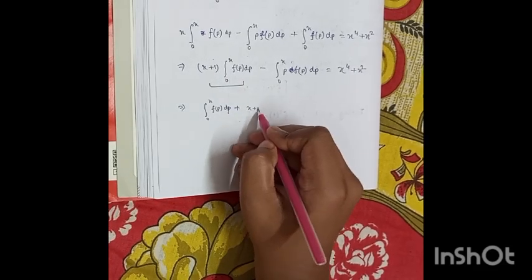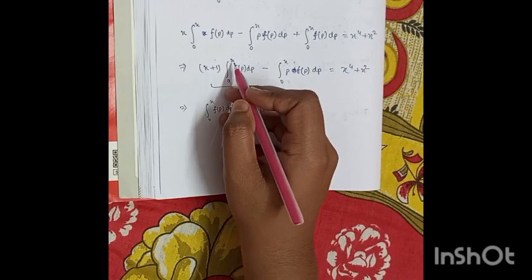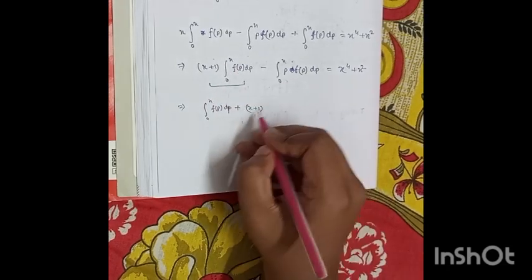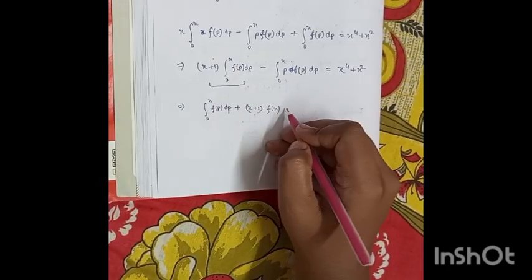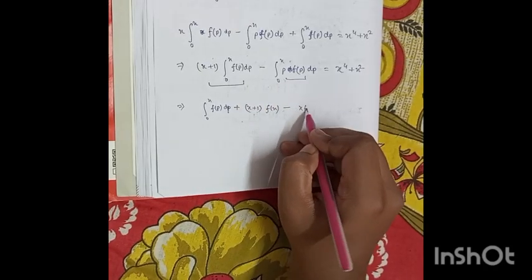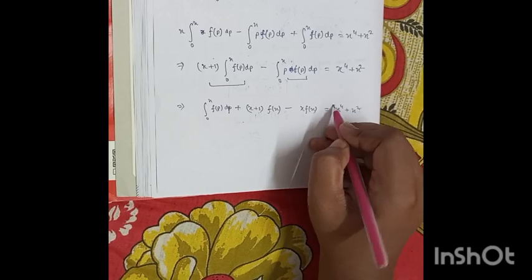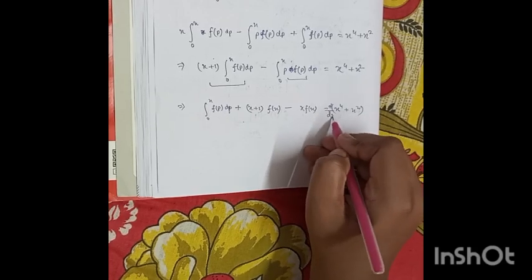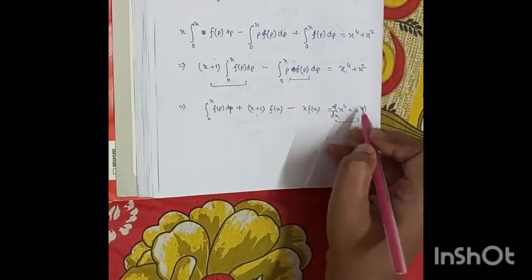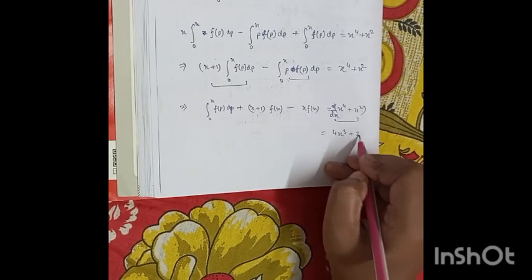So (x plus 1) into, from the Leibniz rule, the derivative of this function will be f(x), minus the derivative of this function, which will be x f(x), is equal to x to the power 4 plus x square, and the derivative of this whole RHS is 4x cube plus 2x.